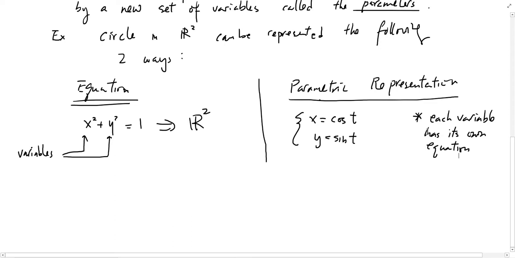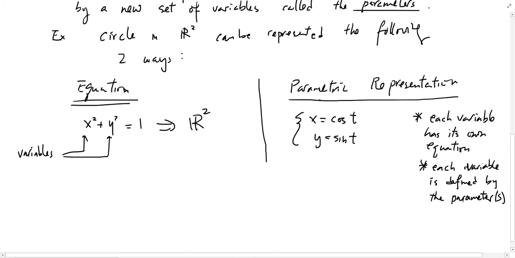But in parametric representation, each variable must have their own individual equation. And also, more importantly, each variable is defined by the parameter or parameters, depending on how many you have.